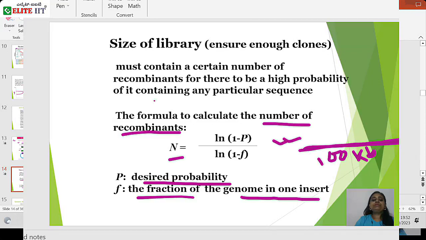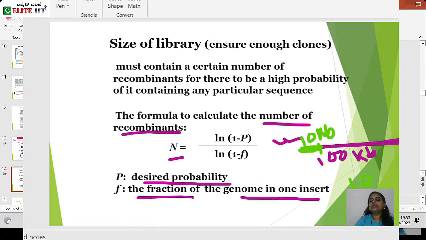Now if you have constructed a recombinant with only this part, just consider a 10 kb fragment. So f means the fraction of genome in one insert. You will insert this part in order to make recombinant one. So what will be the fraction? It will be 10 by 100.